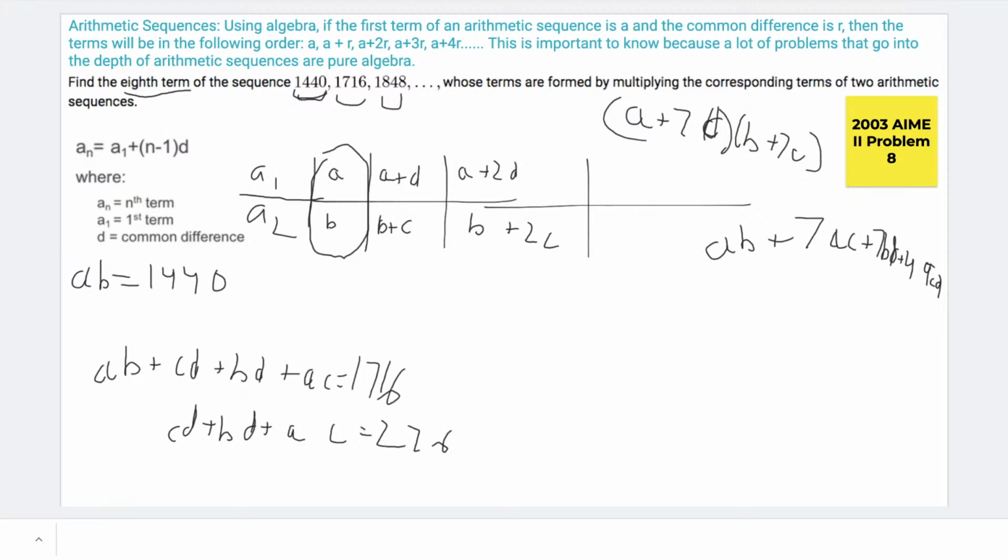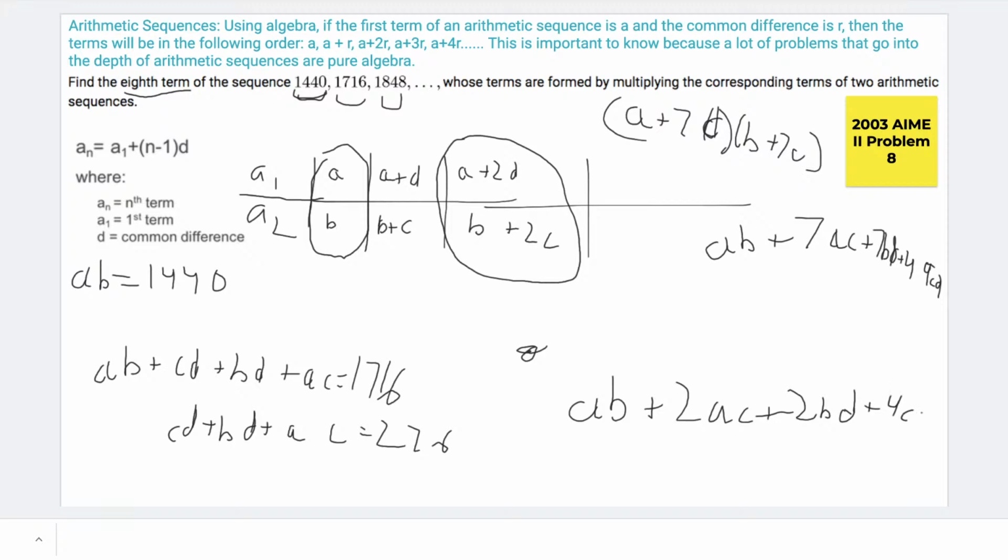And now to find the answer, if you multiply A plus 2D times B plus 2C, you get AB plus 2AC plus 2BD plus 4CD.